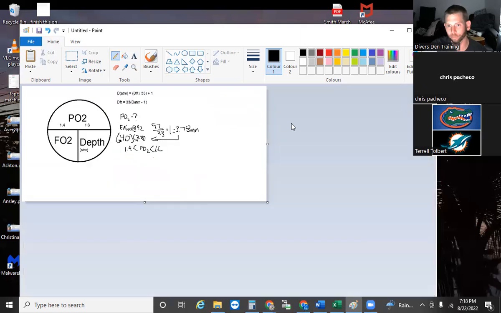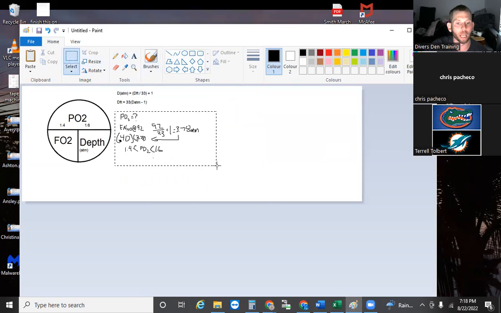So you wouldn't dive that then, right? Unless you're in the contingency zone. You're risking it, but you'd probably be okay. But I wouldn't plan it that way. I would definitely plan it another way.